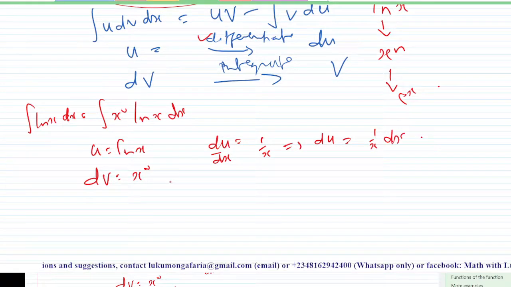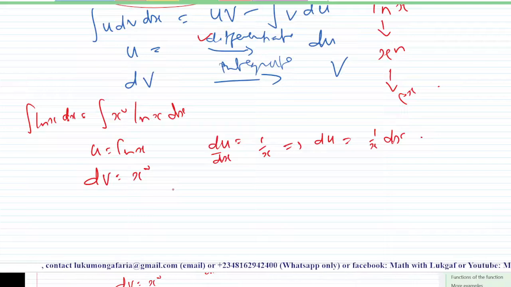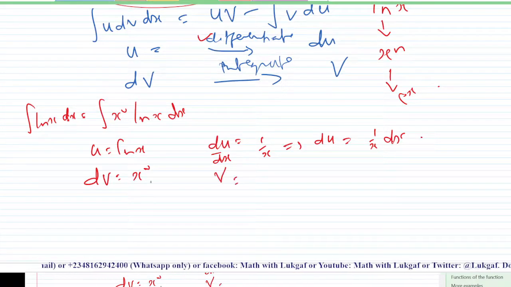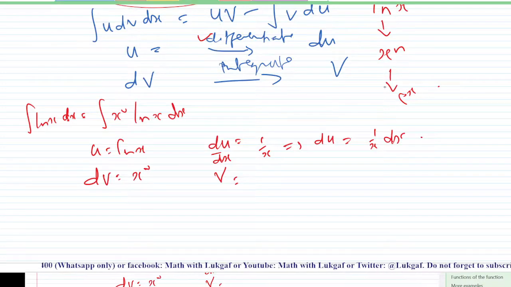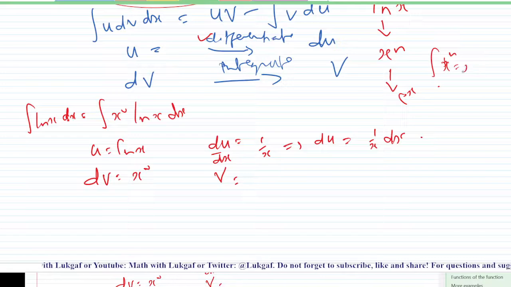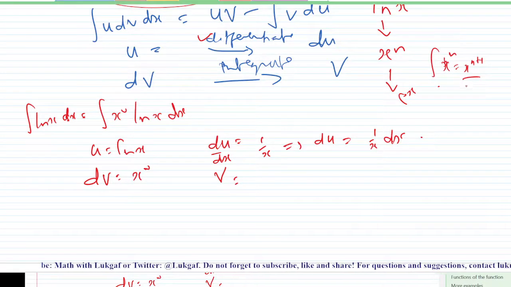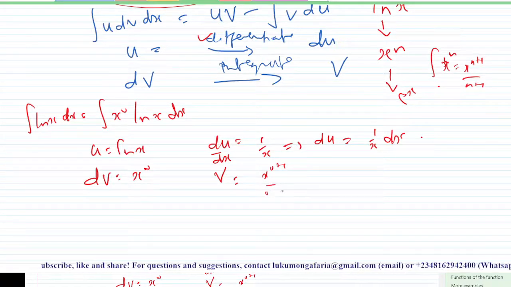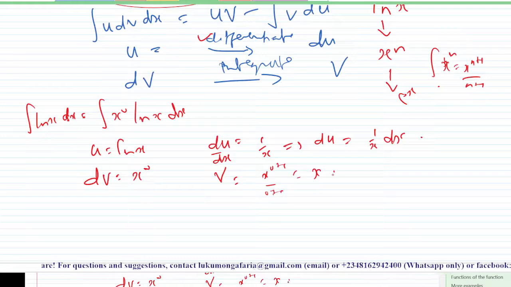Likewise, for your dv, the function you take, you are going to integrate it to get v. If you have x raised to n, then the integral of x raised to n is x to the n plus 1 divided by n plus 1. Then this is going to be x raised to 0 plus 1 divided by 0 plus 1, which is equal to x.